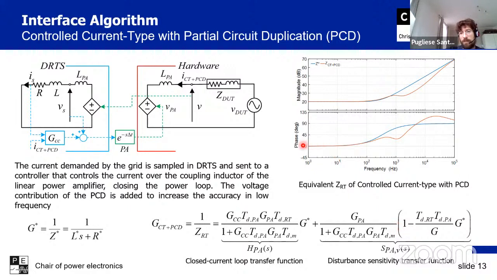So we see that at low frequency, we are much more accurate in representing my plant. This could be useful, for example, if I want to do harmonic stability analysis with harmonic power flow, because I'm interested in low frequency harmonics, or if I want to do studies about subsynchronous oscillation in grid connected converters.